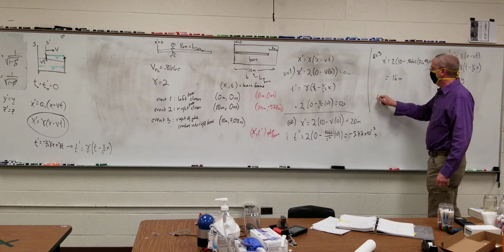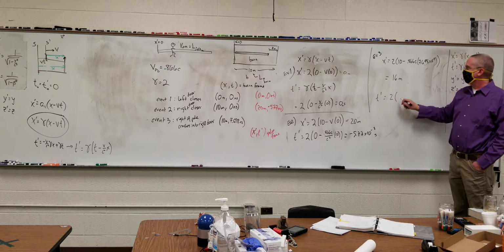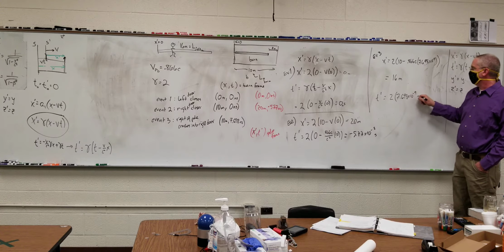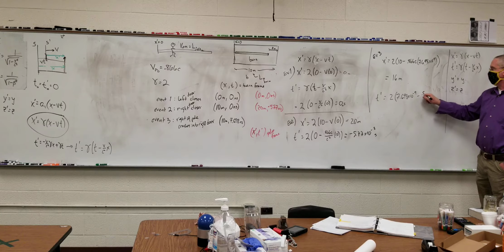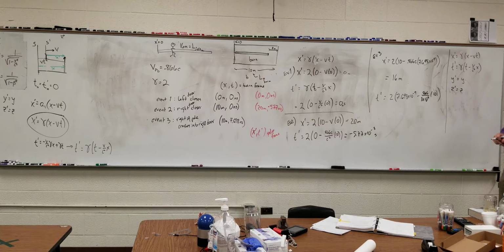And t prime becomes 2 times 7.698 times 10 to the negative 9th minus 0.866 over 3 times 10 to the 9th times 10. I canceled out one of the c's already.